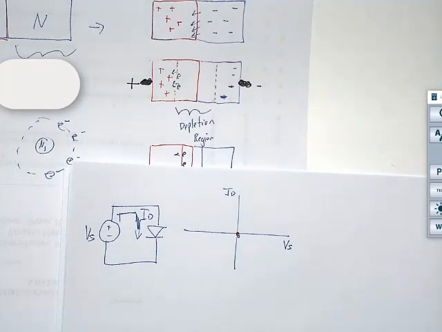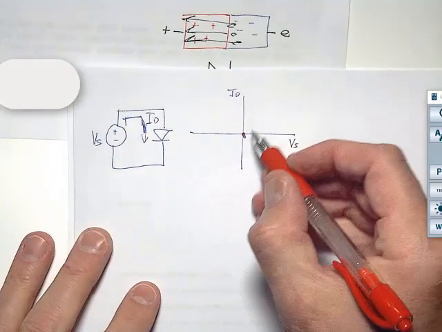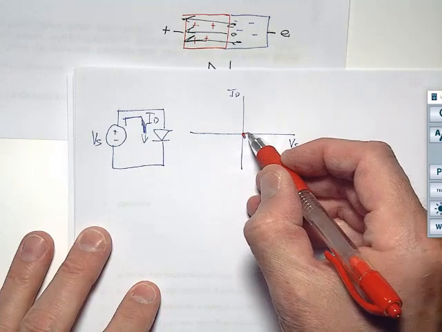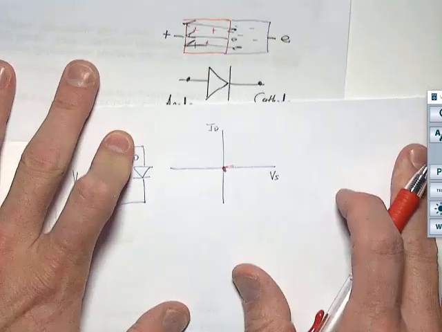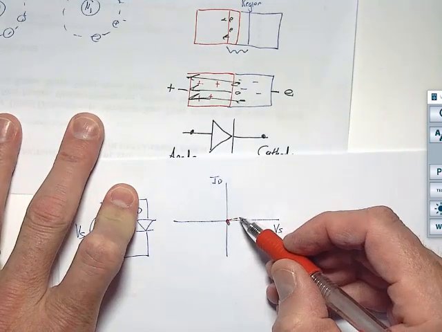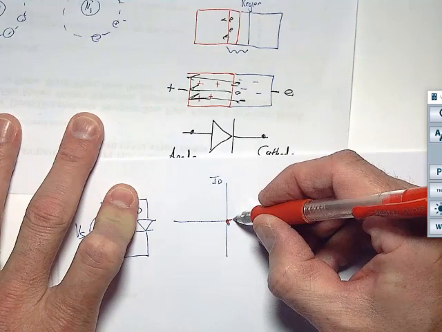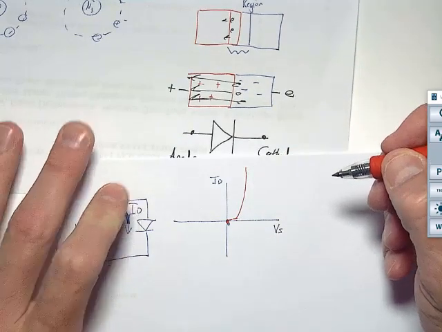But electrons did come out, so technically a tiny, tiny bit of current was flowing. So really what happens is that you got this tiniest bit of current that's flowing, and then all of a sudden you get to the point where the depletion region closes, this thing becomes a wire, and it goes like this. Woo! It is a wire.